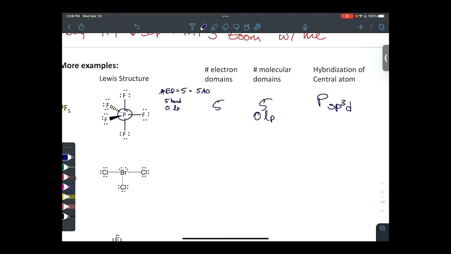So when we calculate whether something has an expanded octet, we count all of the lone pairs and all of the electrons that are being shared with it. Each of those 5 bonds counts as 2 electrons. So phosphorus has how many electrons around it, if we count both electrons in each bond? 10. So does phosphorus have an expanded octet? Yes.